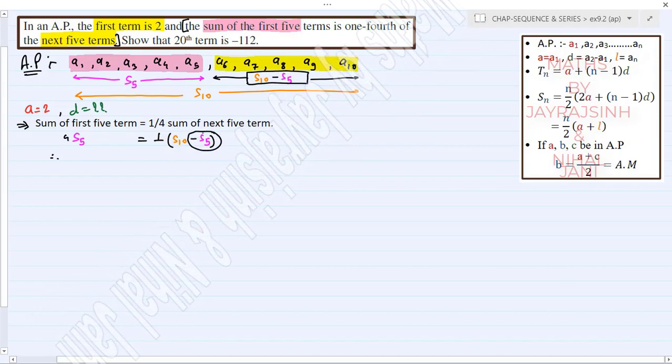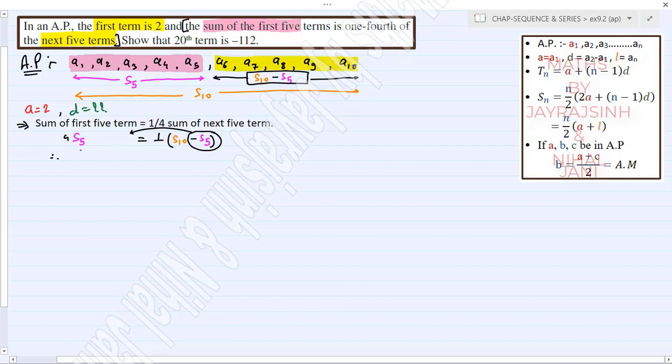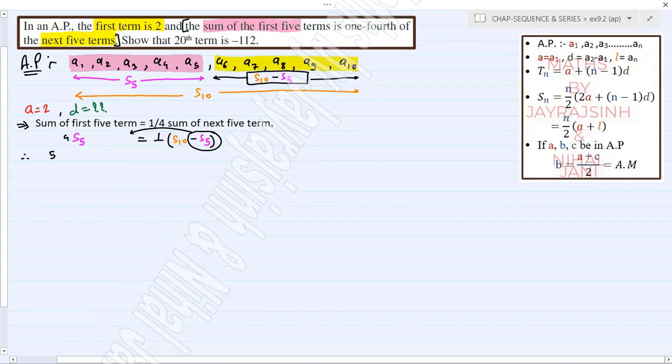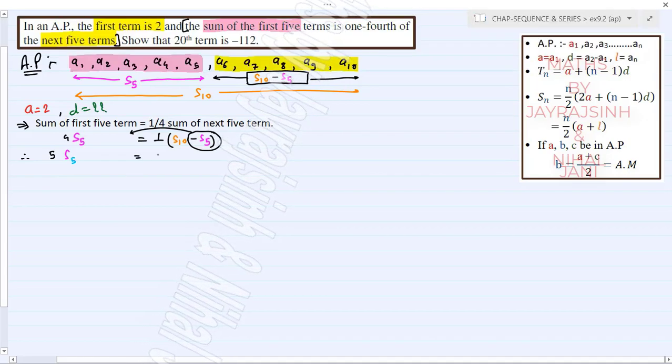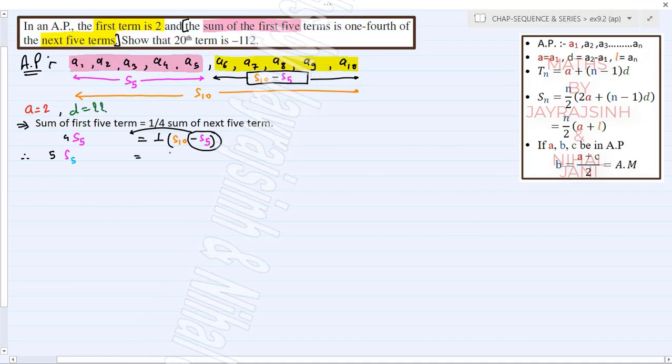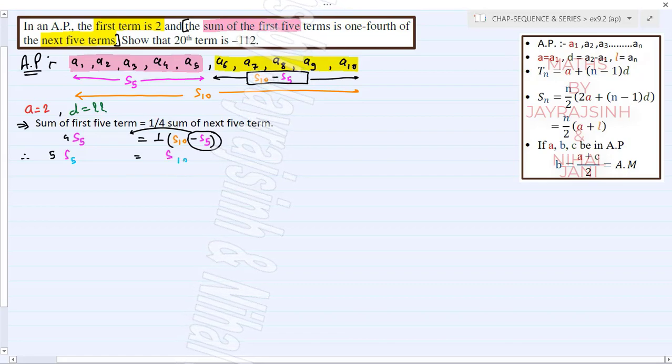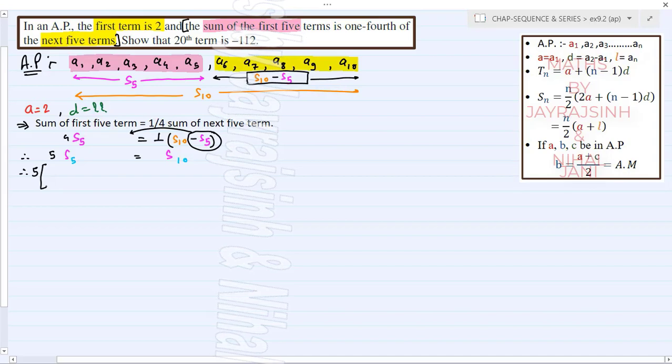Now let's simplify. This 4 will move to the left side, we'll get 4 S5, then this minus S5 will move to the left side, we'll get 5 times S5 is equal to S10. Now let's use the formula of the summation of n terms.